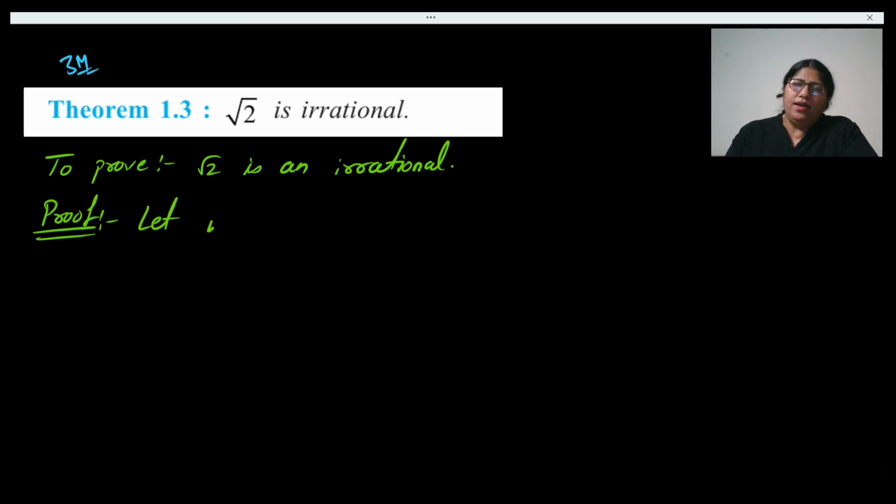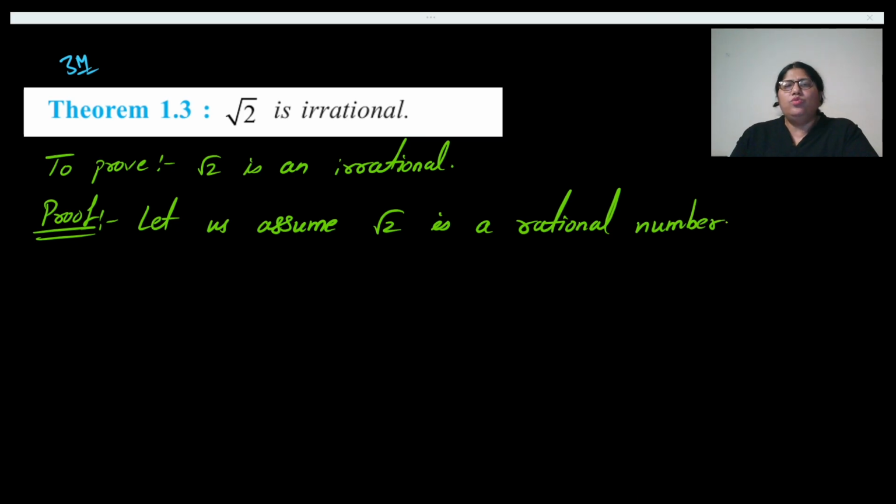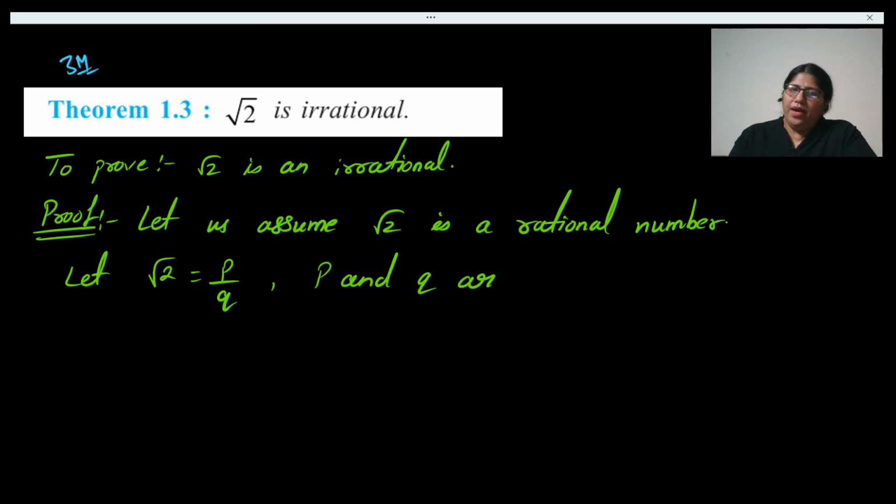Let us assume root 2 is a rational number. Now because it is rational, it can be written in p by q form, where p and q are co-primes.